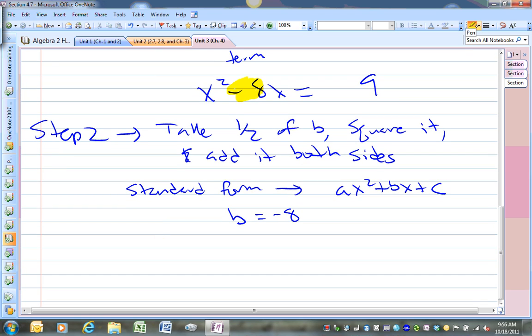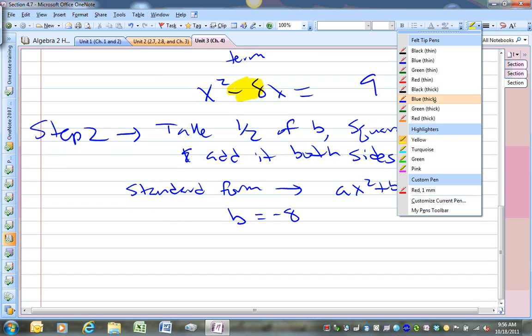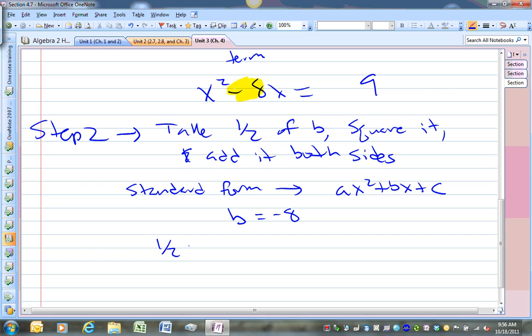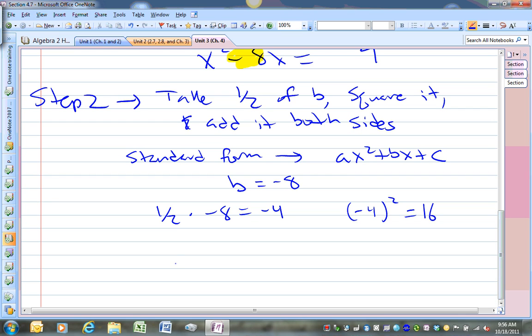So if I do half of b, that's negative 4. Then if I square it, I get 16. Then I add to both sides.